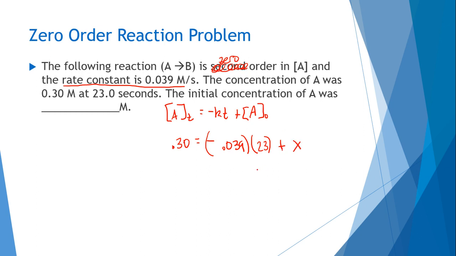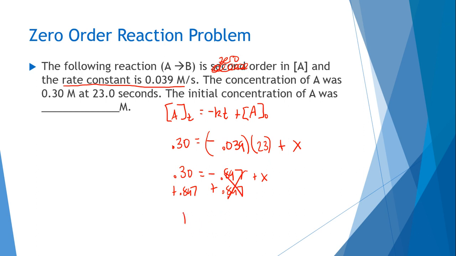So plus X. I'm going to go ahead and combine like terms. So 0.30 equals negative 0.897 plus X. Let's get X by itself by adding this to the other side.